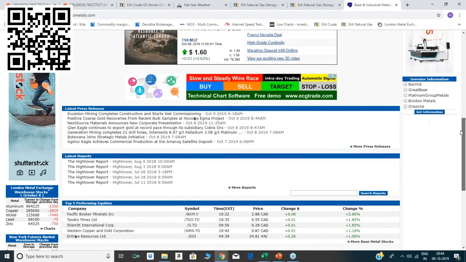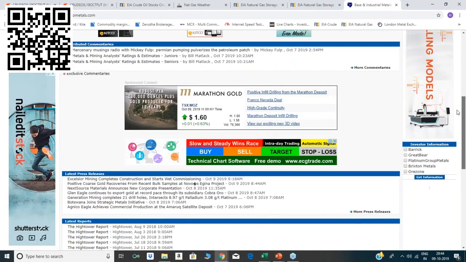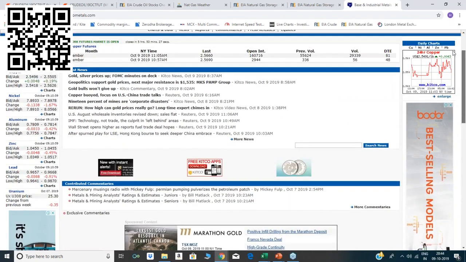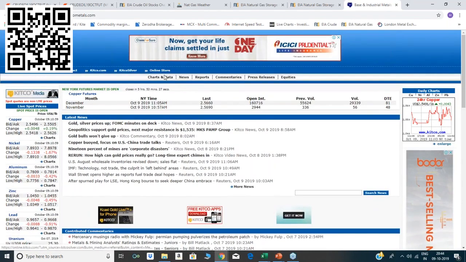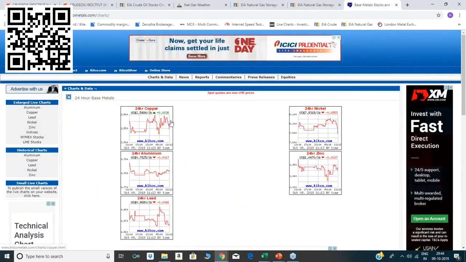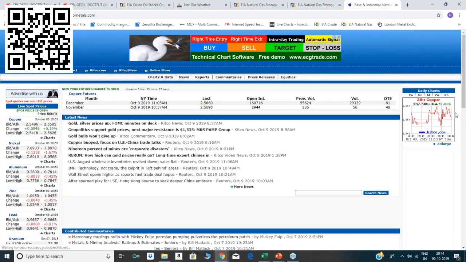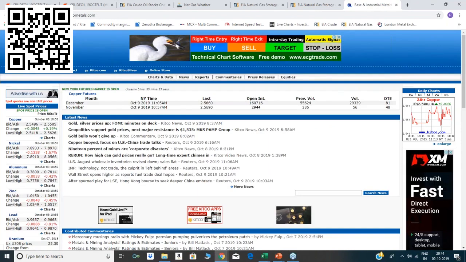See here, everything is given about whatever information we need for base metals. Everything will be given over here. Charts and data for copper, aluminium, lead. Yes, international chart, and along with that, inventory. And here in the inventory data, see here the prices are also given.